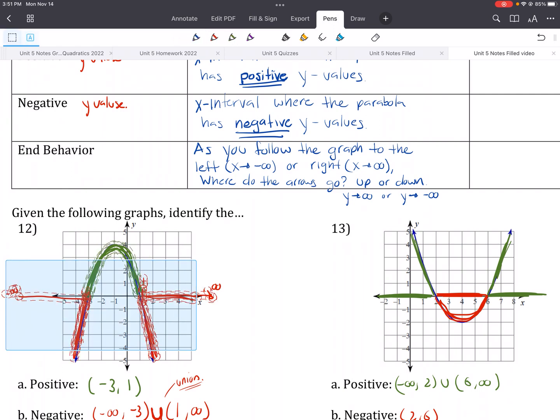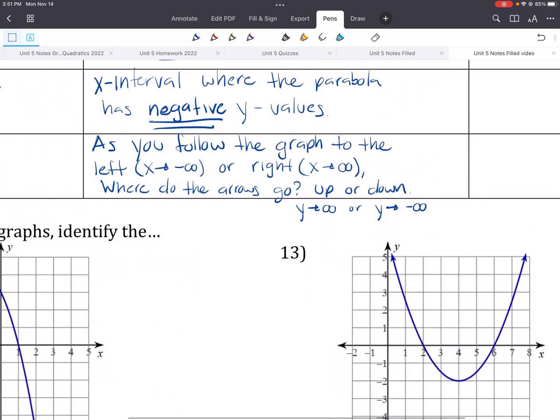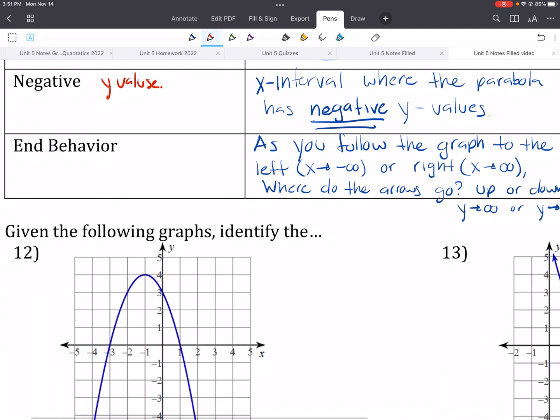Okay, I'm going to kind of erase this really quick so it's not so messy. Okay, as you follow the graph to the left or to the right, where do the arrows go? Do they go up or do they go down? Okay, so that's basically what we're doing, but when we say left, when you think about left, that's going to negative infinity.